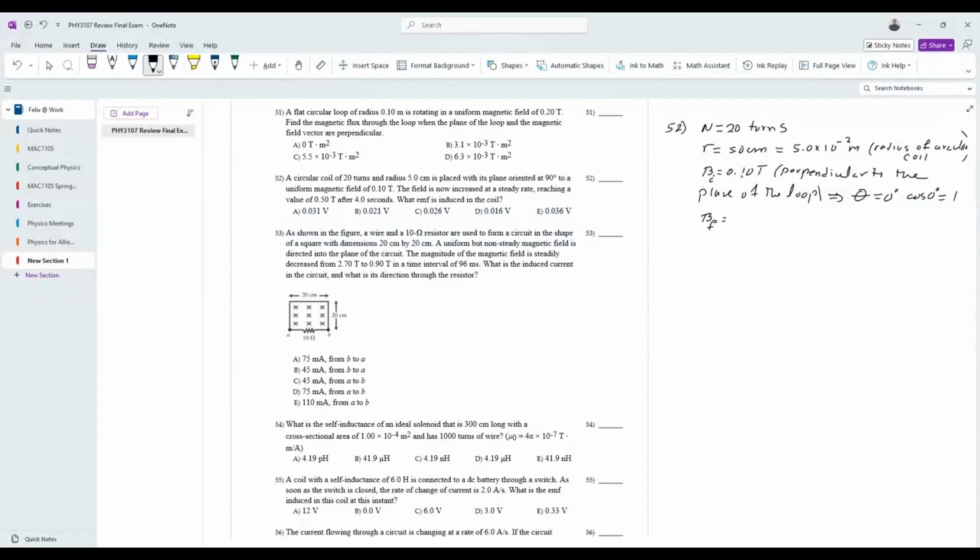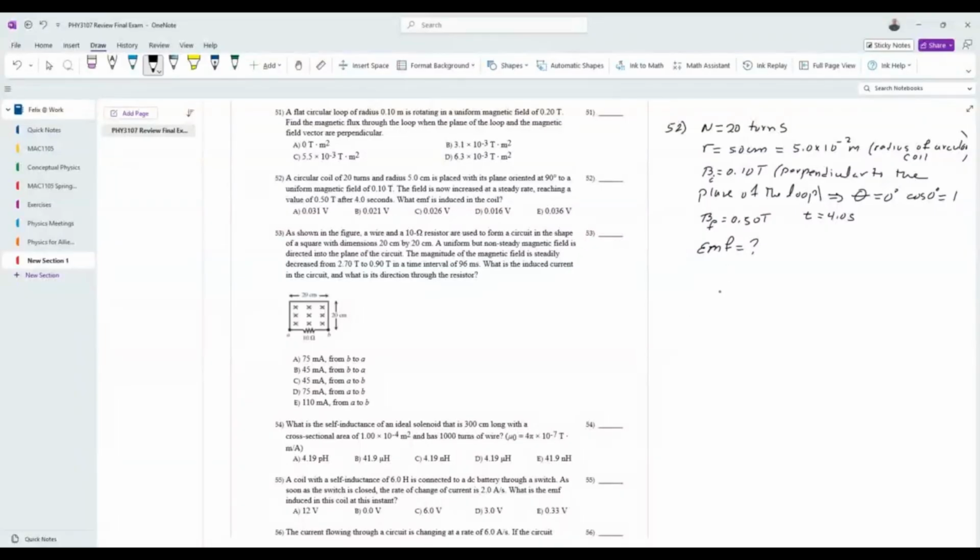So the field strength will go from 0.10 Tesla to 0.50 Tesla, and it will take a time of 4 seconds to reach that value. So they are asking what is the induced electromotive force in this coil.